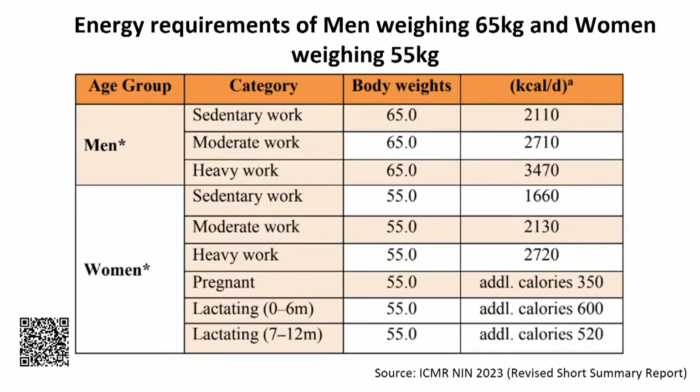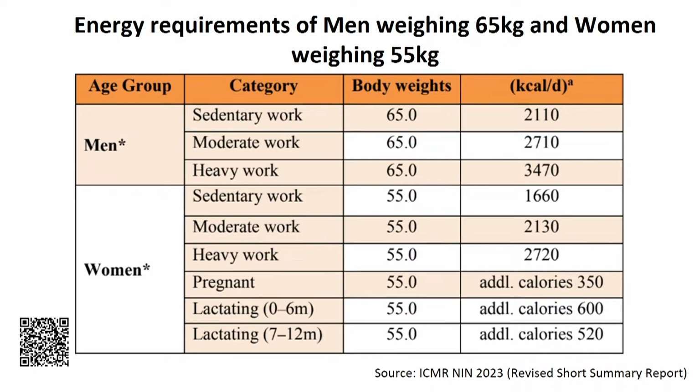Based on these categories, on your work style or on the type of work that you do, sedentary work, moderate work, or heavy work, your kilocalories are being designed. So let's say you are a sedentary man, so you require 2110 kilocalories, whereas if you do heavy work, you will be requiring 3470 kilocalories.